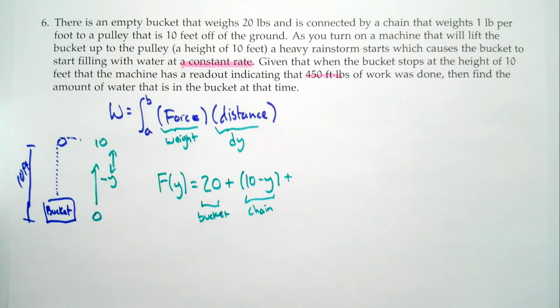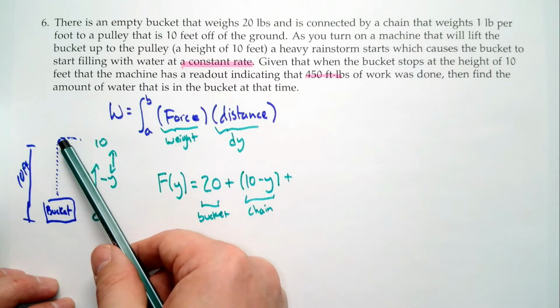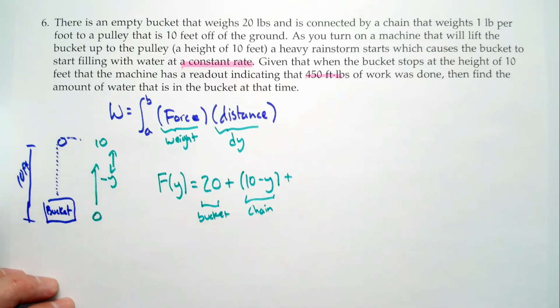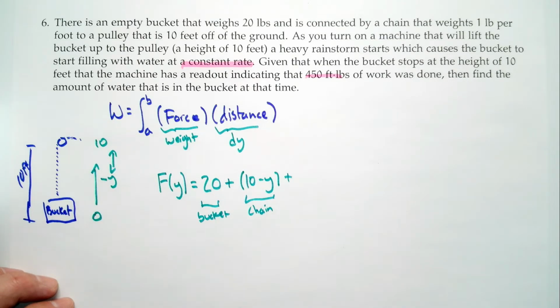Okay, how much water is in the bucket initially? 0. How much water is in the bucket at the top? We don't know, but let's give it a name. What do you want to call it? Well, not y, because y is a variable. X? X? What? K? I don't know. Okay, X, all right.